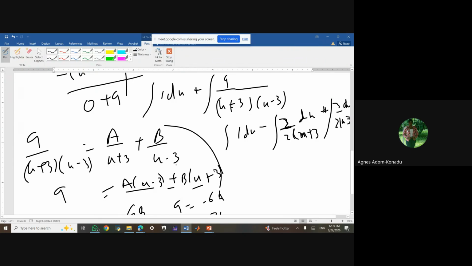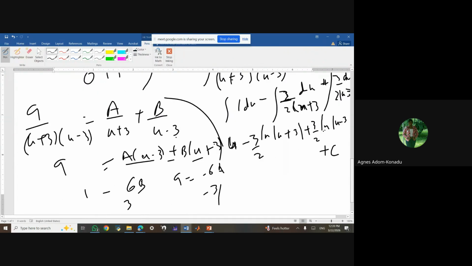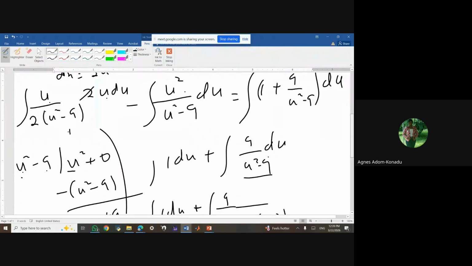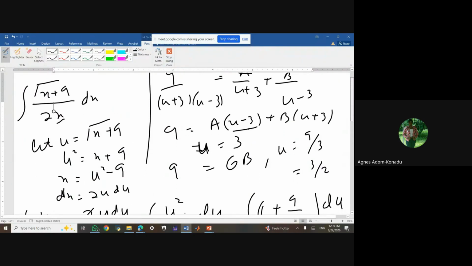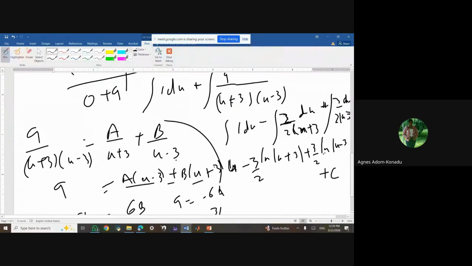Then I know that when I integrate this, I'm going to get u. Then when I integrate this, I'm going to get negative 3 over 2, and the integral of 1 over u plus 3 is ln of u plus 3. Plus the integral of this is 3 over 2 ln of u minus 3, all plus C. And we know what our u is, so you just substitute your u, which is equal to the square root of x plus 9.